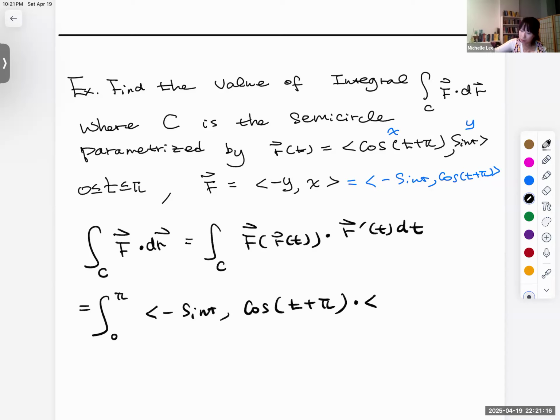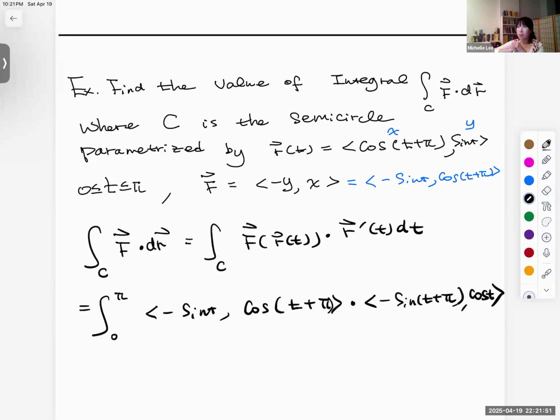Negative sine t plus pi. And what's the derivative of a sine? It's cosine t, yeah? Okay, dot product.